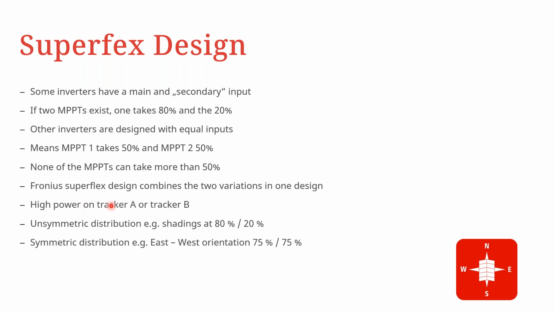This gives you a higher power point on tracker A or on tracker B. So this means you can do an asymmetric distribution, for example, with shading, of 80% and 20%, or you can do a symmetric distribution, for example, in east-west orientation, where we are using 75% and 75%, basically oversizing.